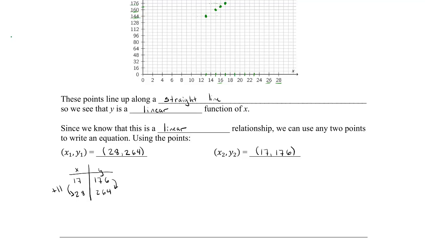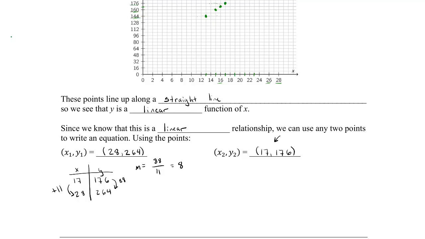The change in y, we can use a calculator for that subtraction. The change in y is 88. So our slope is the change in y over the change in x. My slope is 8.